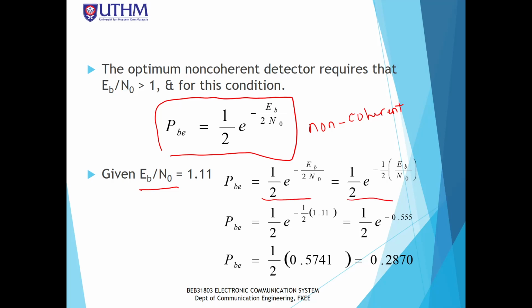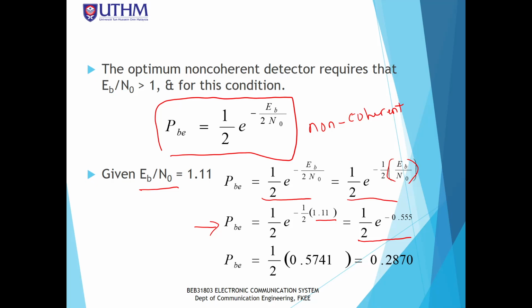Again, we rewrite the equation to separate the Eb over N0 so that it is easy for us to do the calculation. So you see 1 over 2 exponent of minus 1 over 2 times 1.11, so you get 1 over 2 exponent minus 0.555.